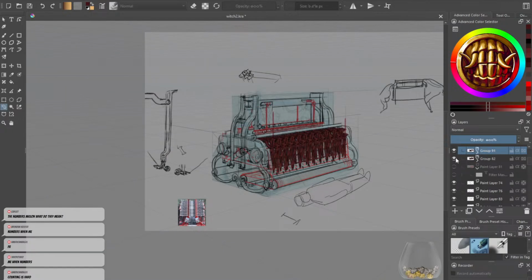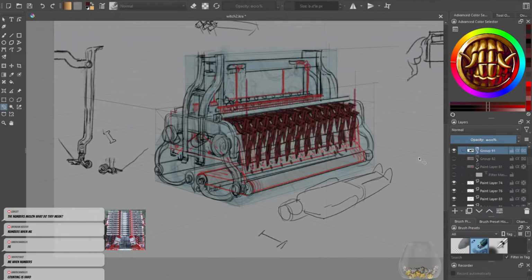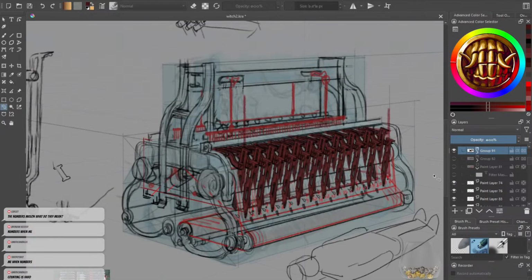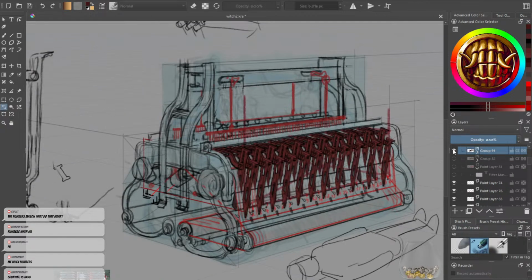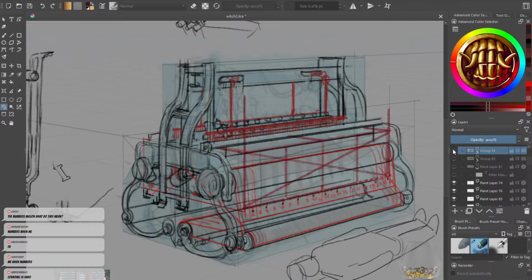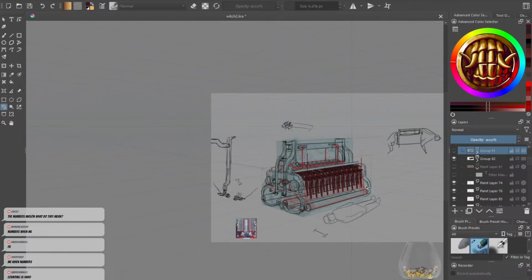What are we thinking? Straight or bent inwards? Straight, bent in.